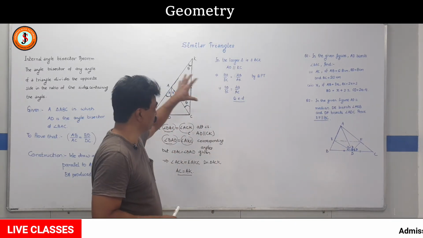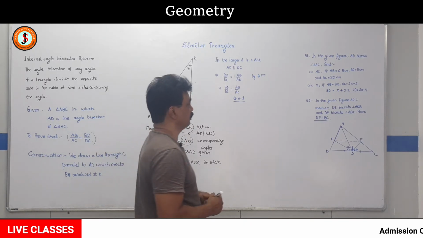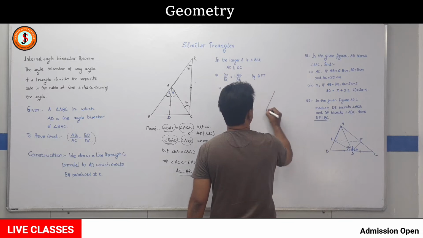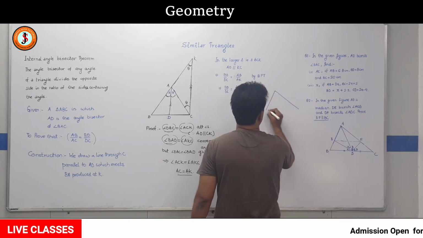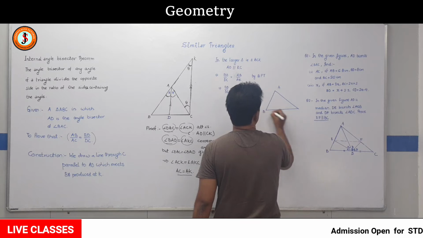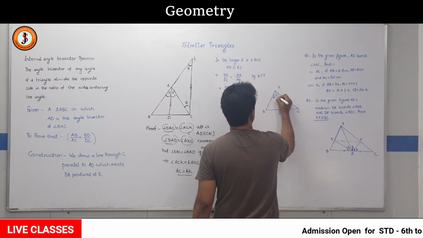Now once we know this, we can directly apply it to different questions. Here they are telling that in the given figure, let us make a figure. In the given figure, AD bisects angle BAC. That means if this is theta, this is theta.